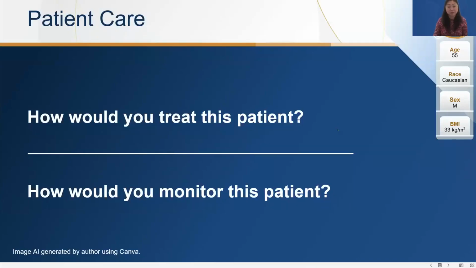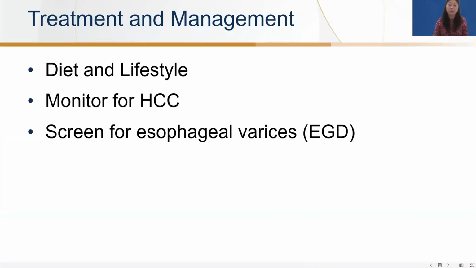So let's discuss how you would treat this patient and monitor this patient. So for this patient, because he has cirrhosis of the liver, he does not qualify for treatment with resmetirom. Resmetirom is only FDA approved for patients with F2 or F3 MASH, not yet for cirrhotic patients because there's no safety data in this population yet.